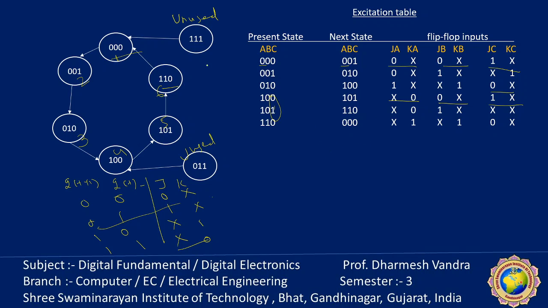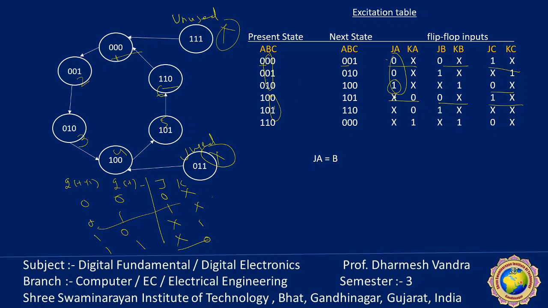Now these two states are unused, so they might be don't care conditions. So let's see JA. J is 1 here. When we compare 0 0 1, it is same as 0 0 1, B, this one B.